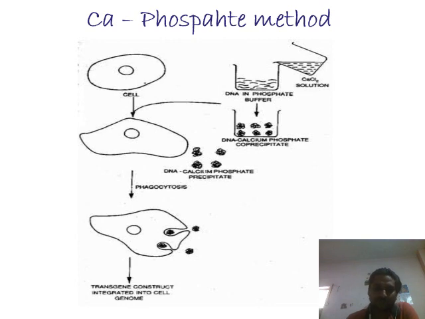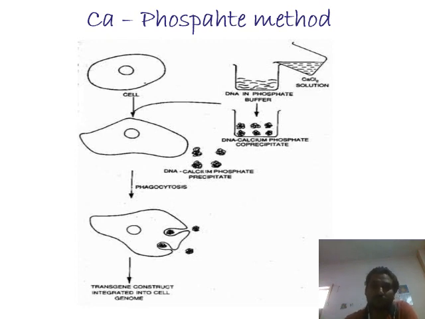Now it follows phagocytosis. Phagocytosis is the property of the cell by which it can engulf the DNA-calcium phosphate precipitate inside the cells. So in this method, we can transfer our DNA.